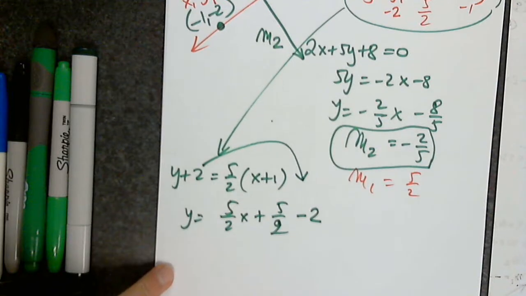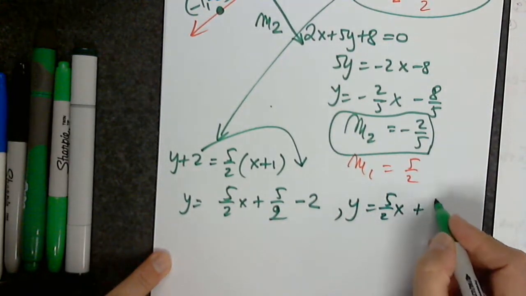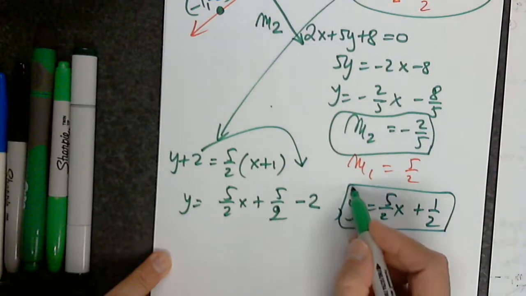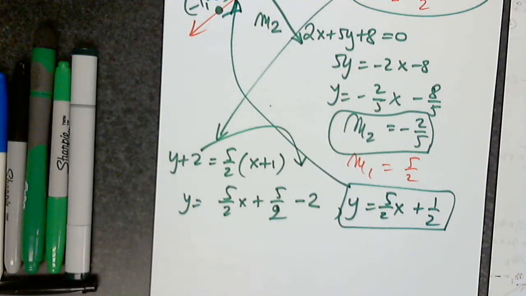Yes, 5/2 minus 4/2 will be... So 5/2 x plus 1/2. This is the equation of the orange line. And again, we have two pieces of information about it. One is that it passes through the point -1, -2. And the second one is that it's perpendicular to a given line.